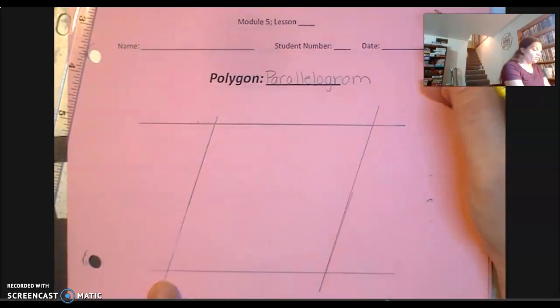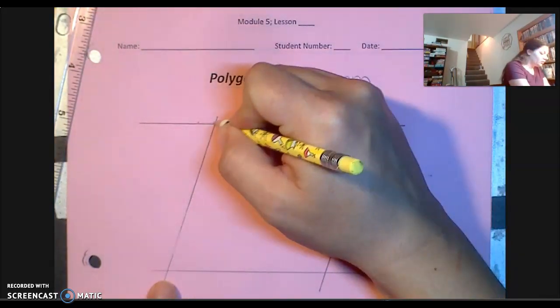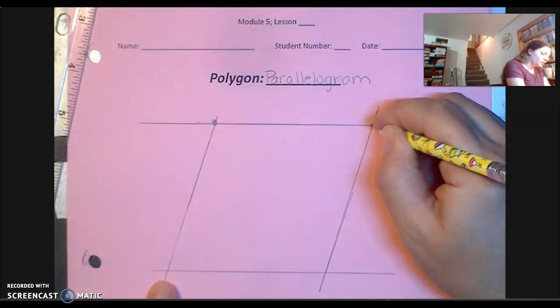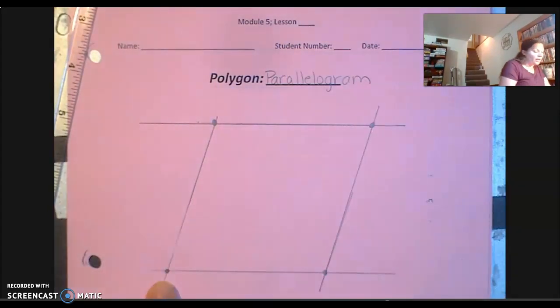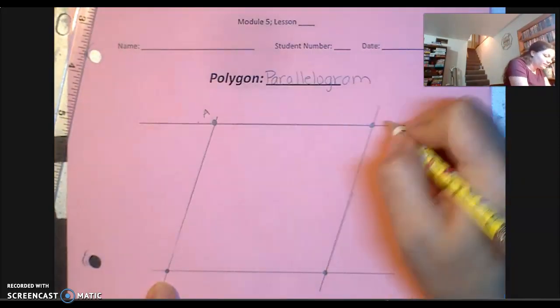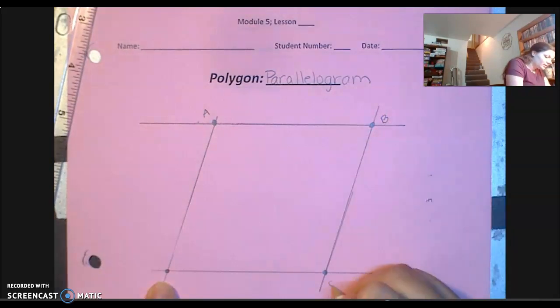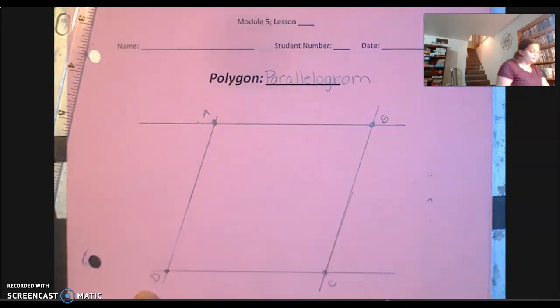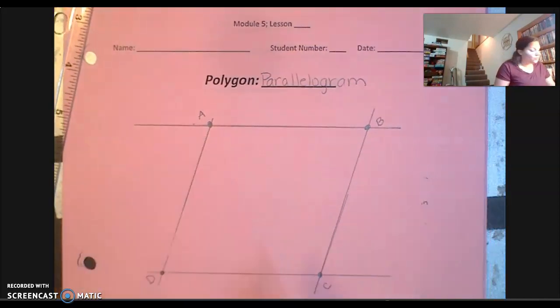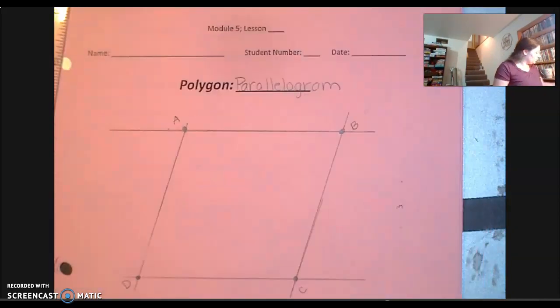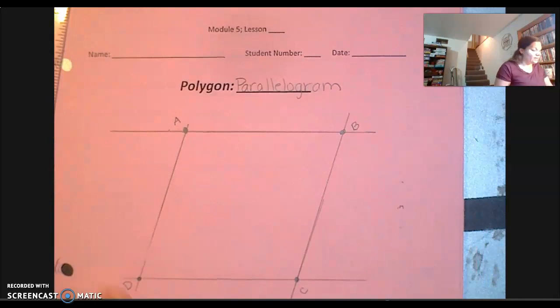So the next thing we are going to do is put our points because we are going to need to measure angles again today. And I am going to name my points. This is going to be A, B, C, and D. The next step is to measure our angles, and we are going to need to use our protractor for that.